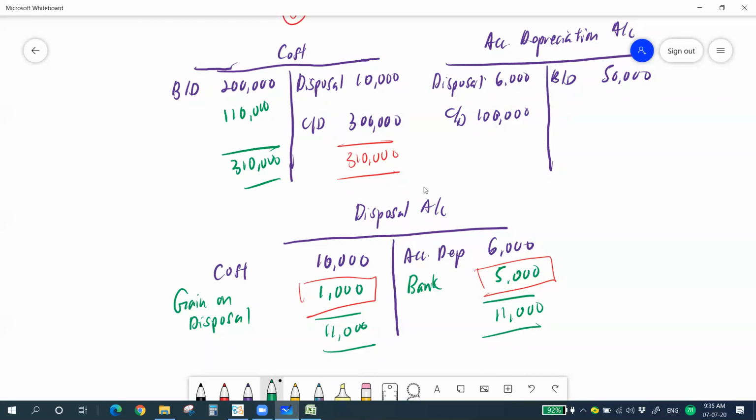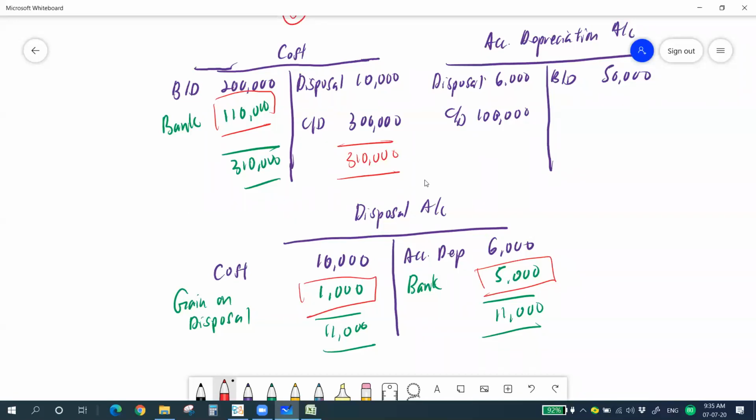Yes, very good. This refer to bank. This is the amount that we spend in purchasing new asset during the year. So this amount we will also show in our cash flow statement under investing activities. Very good.